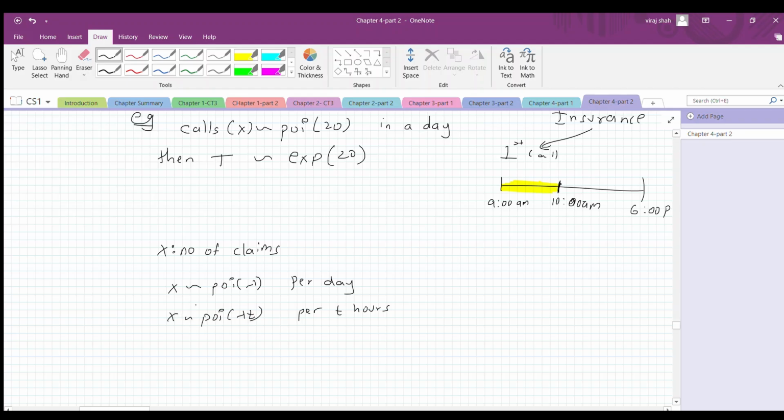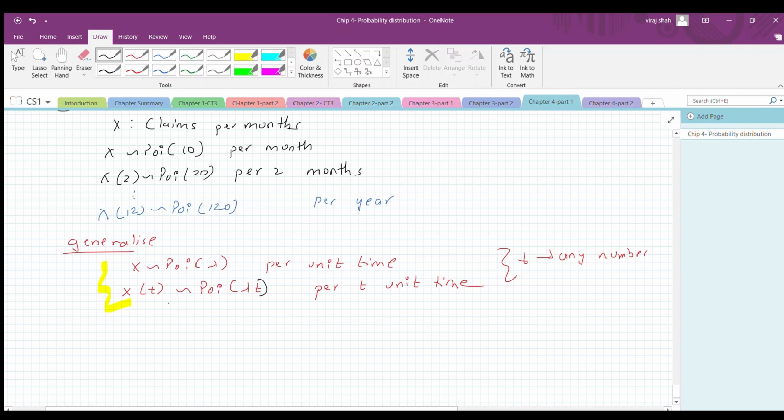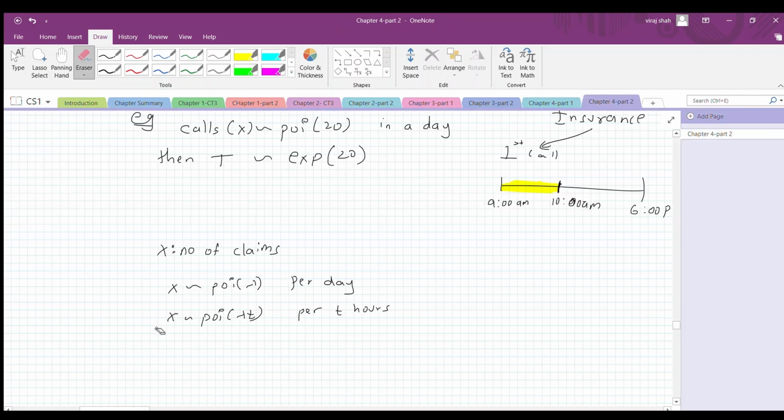This is what my second property stated. I've already stated it right here: xt follows Poisson with parameter lambda t.